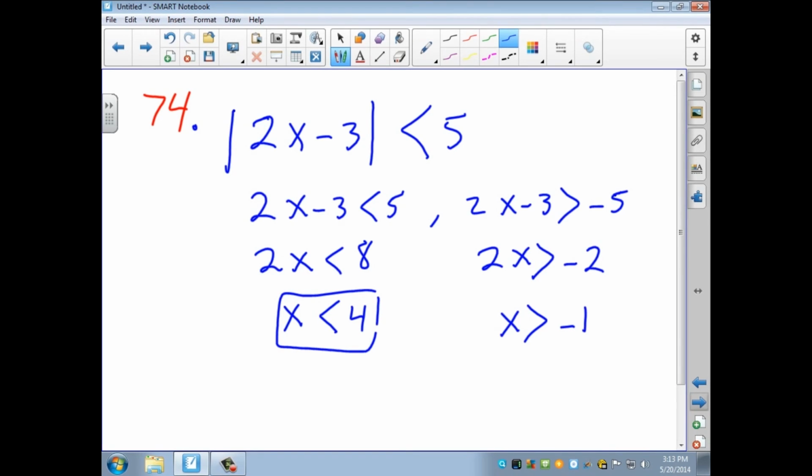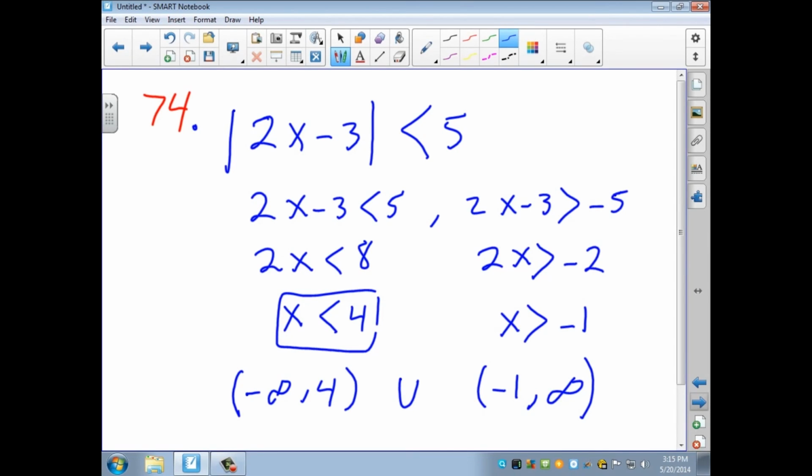So in terms of interval, x has to be less than 4, so from minus infinity to 4, not including the 4, therefore parentheses on both sides. And x greater than minus 1, so it's from minus 1 to infinity. So anything between minus 1 and infinity, not including minus 1 itself, would satisfy this equation.